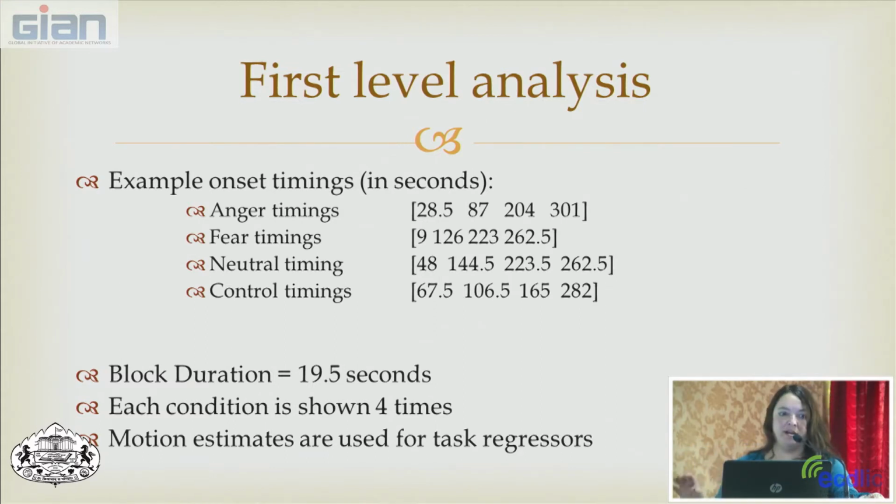That starts at 48 seconds. And likewise, then we see the control. The next one they would see would be the angry faces again. So this alternates between these conditions throughout the whole length of the experiment. So we know exactly the times that the person was in each of these cognitive states for further modeling.